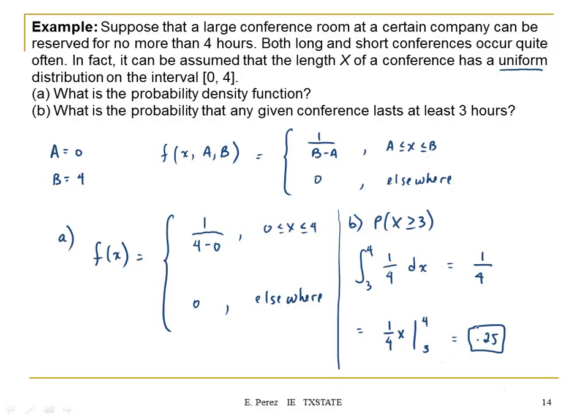So if you want to find the mean of a continuous distribution, guess what you do here? Just multiply this PDF by x and solve. That will give you the expectation.